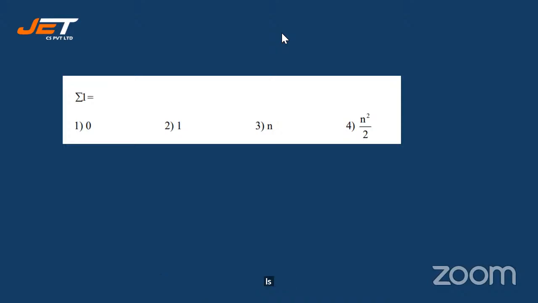I'm getting different answers, 2 and 1. So many are answering it as 2. We shall check the answer within few seconds.